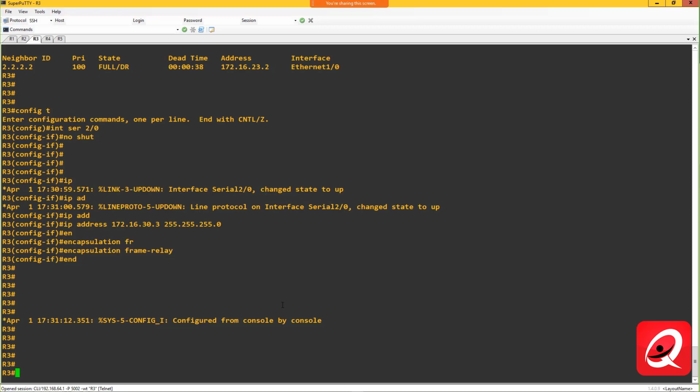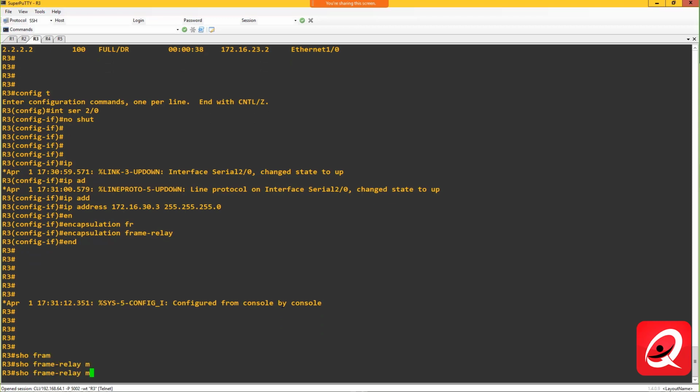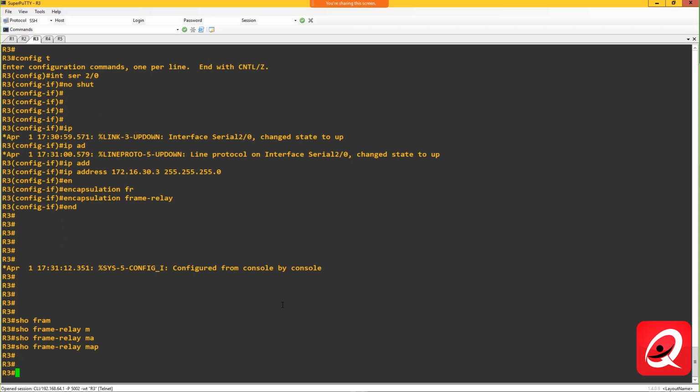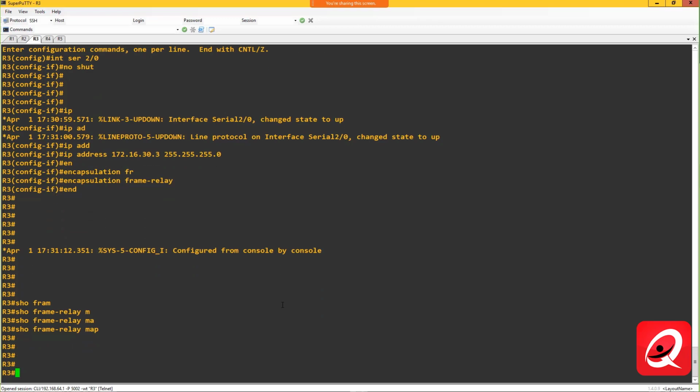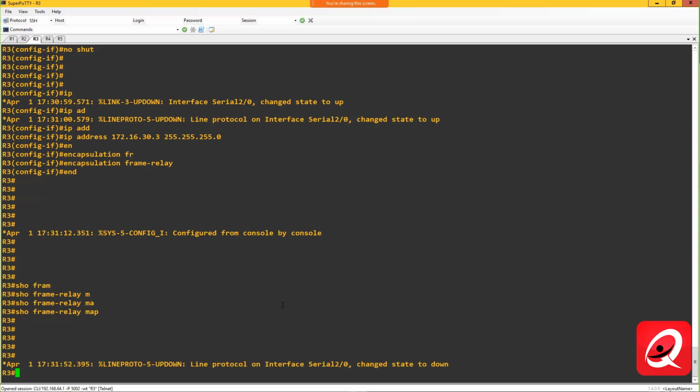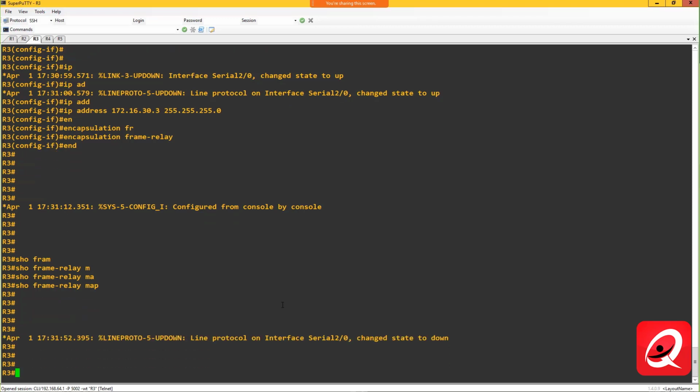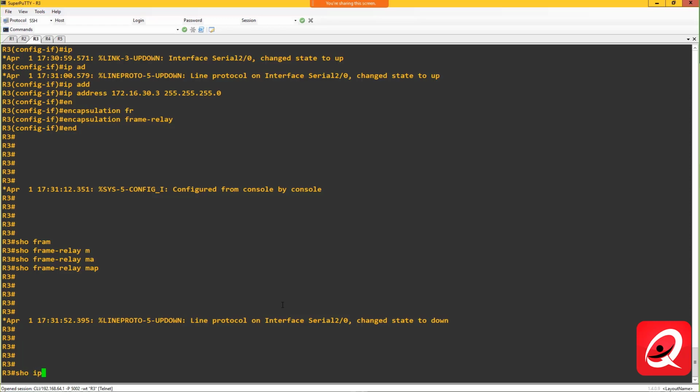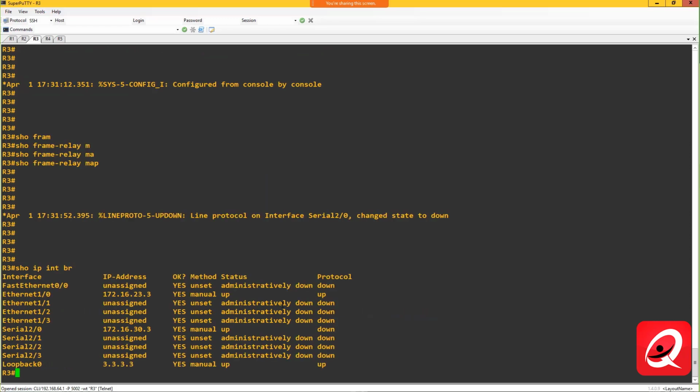We can do a couple of things here to verify. If I do a show frame relay map, I can identify whether or not we're actually establishing some sort of frame relay connectivity with the other routers in the network. All right, so it looks like the network state went to down. Let me make sure.